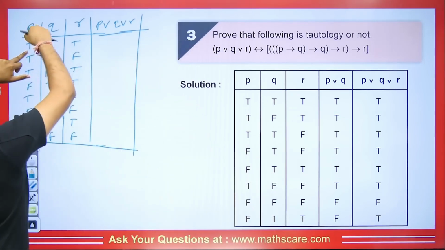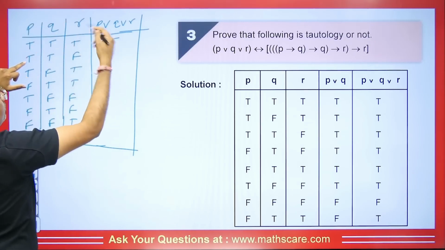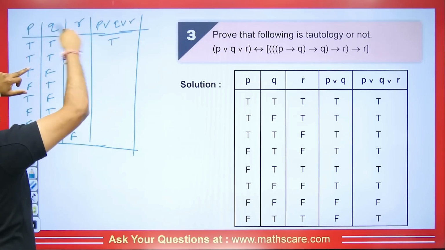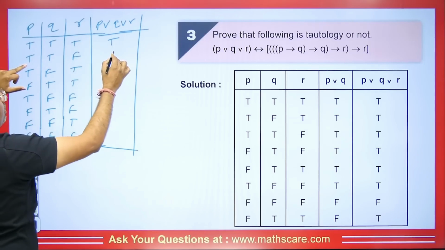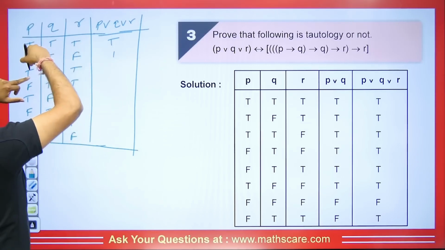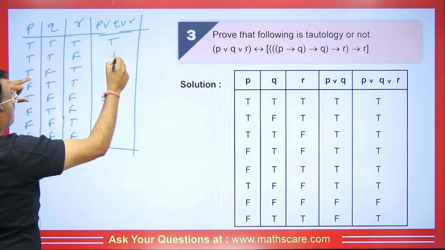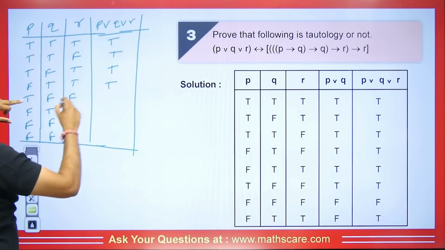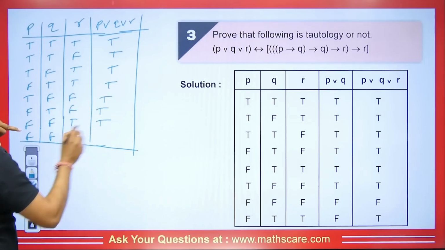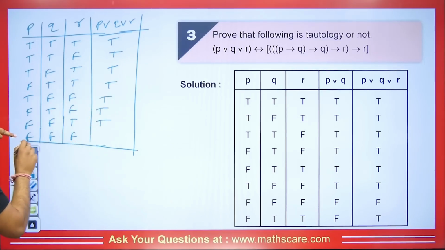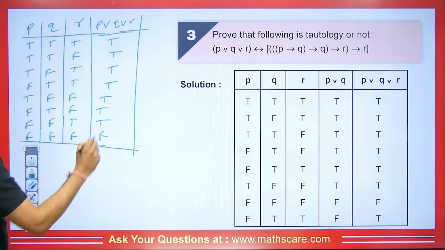So let's add all 3. 1, 1, 1 will be added. Answer will be 3. So this is true. Write true here. 1 plus 1 plus 0, it will be true. Here it is 1 plus 0 plus 1, so it will also be true, right? This will be true. This will also be true. This will also be true. But here is false, false, false. 0 plus 0 plus 0 will be 0, so this will be false, right?